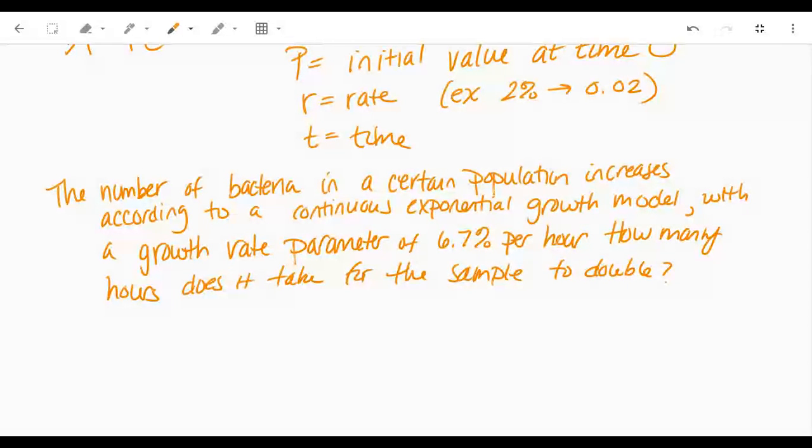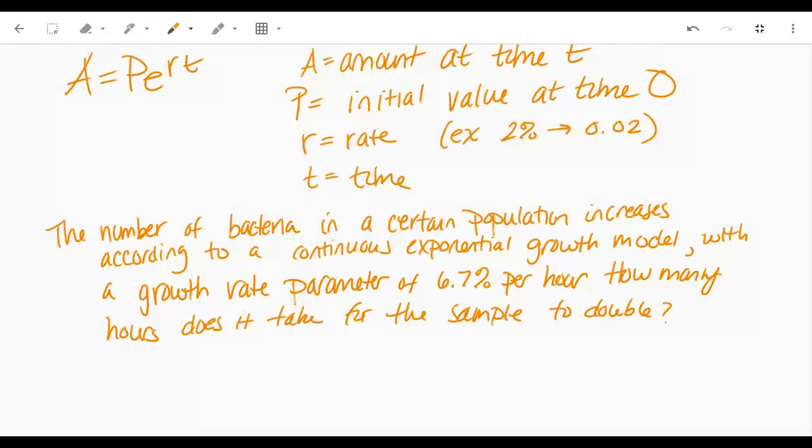For this one, you might think that you're missing something, okay? Because really, all we have is that r would be 0.067. We're supposed to solve for t, but what are a and p? Okay, and here's the thing, it doesn't matter, just as long as a is twice p.